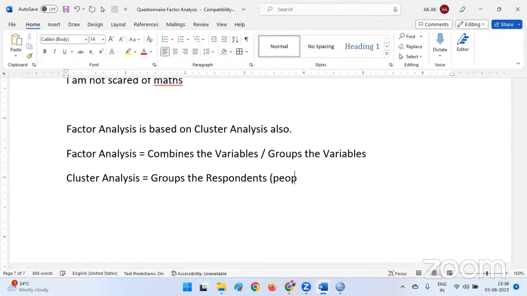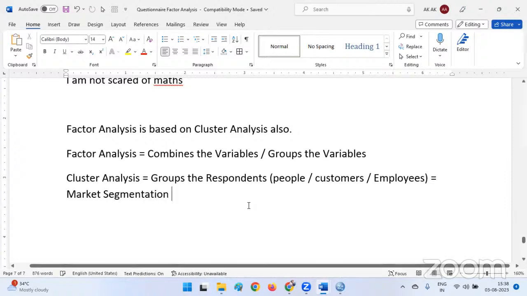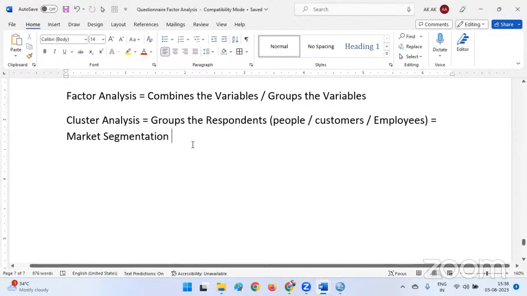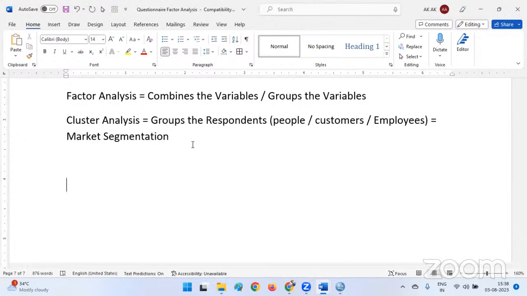Respondents or people, customers, or employees. So the most important application is market segmentation. Okay, we use it in market segmentation. All right, so these are some of the applications of factor analysis. We will discuss one more application later, which is removing multicollinearity.